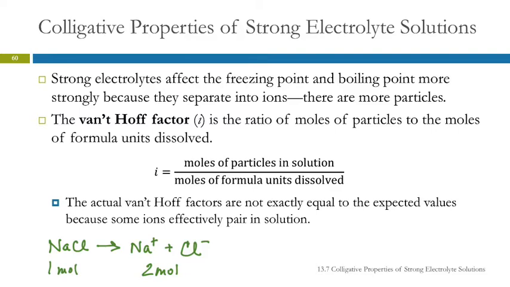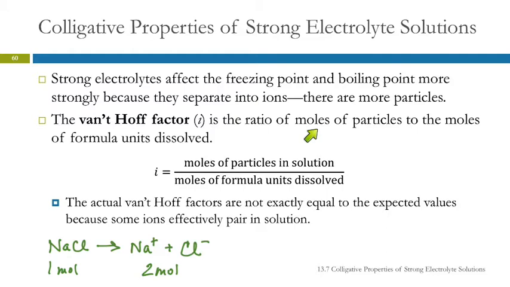And some ionic compounds break into even more particles. So we need a factor to compensate for this, and it's called the Van't Hoff factor. It's given the symbol i, which is not to be confused with any imaginary numbers.